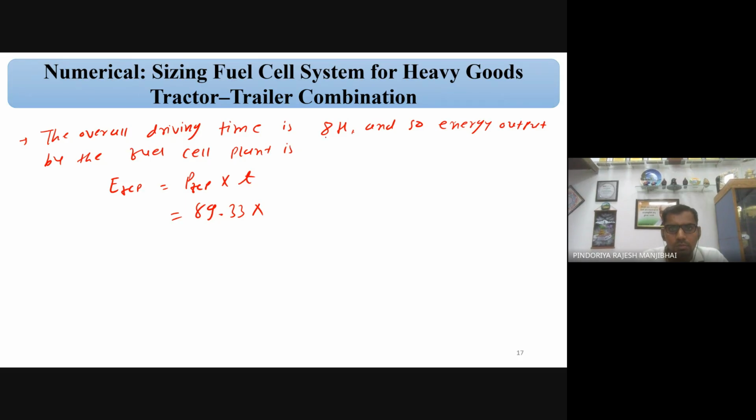So there is a time 8. So E FCP is equal to 89.33 into 8. So there is 714.6 kilowatt hour.